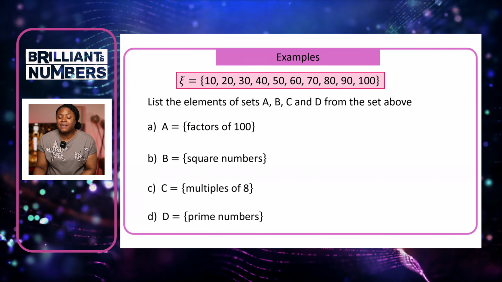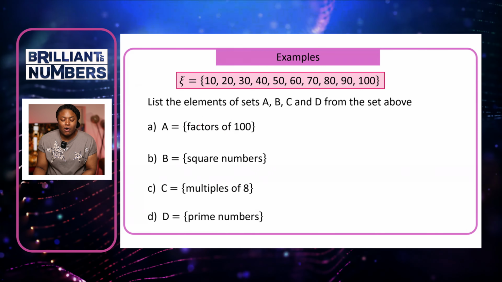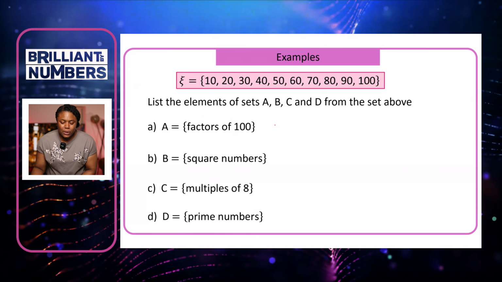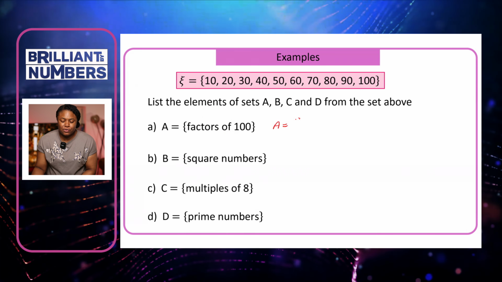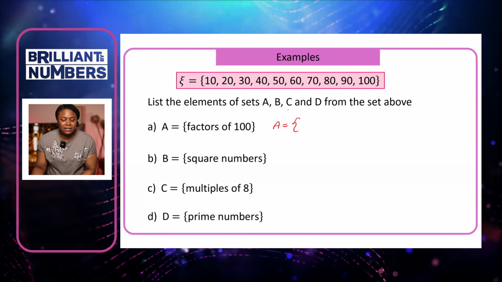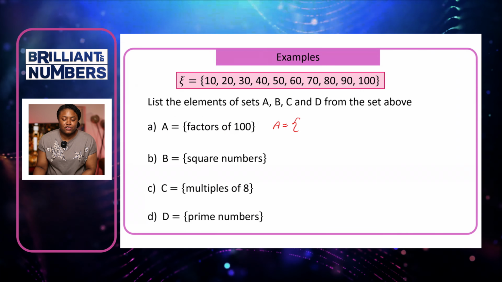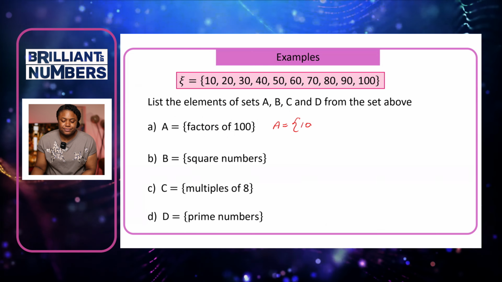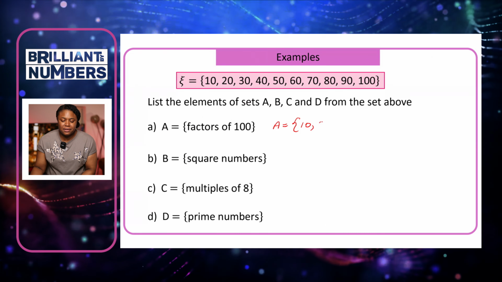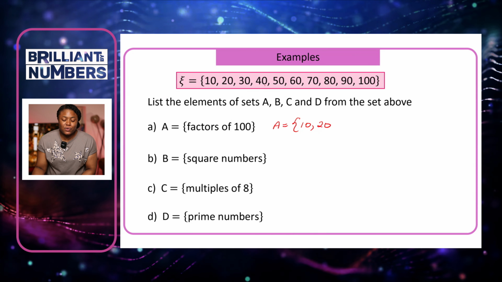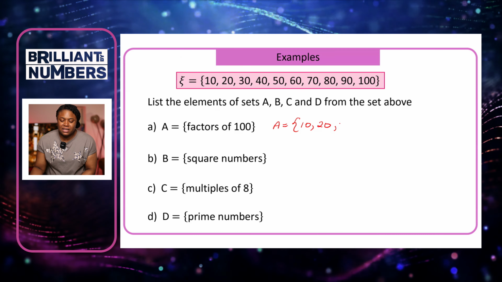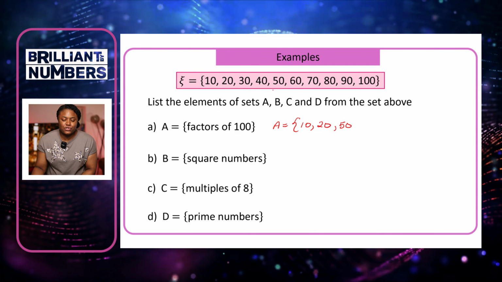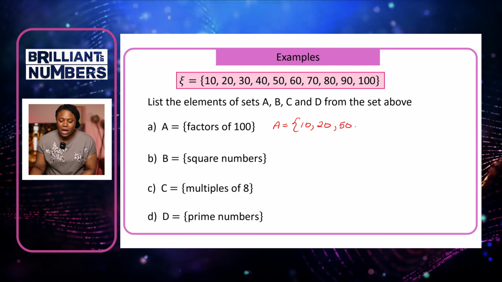So we want to find the elements of set A. A is equal to, remember, put that in curly brackets. So factors of 100 are 10, then we've got 20, 30, 40, not factors, 50 is a factor, and also all the way over to 100.